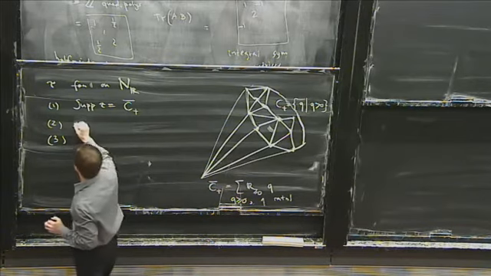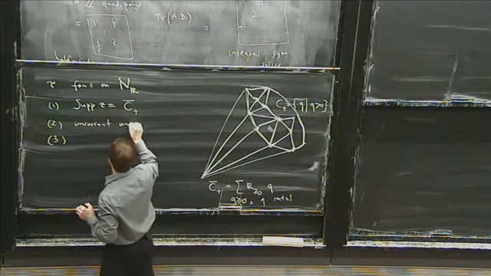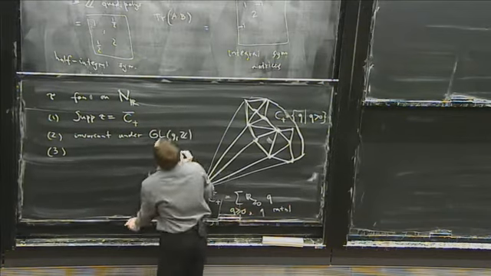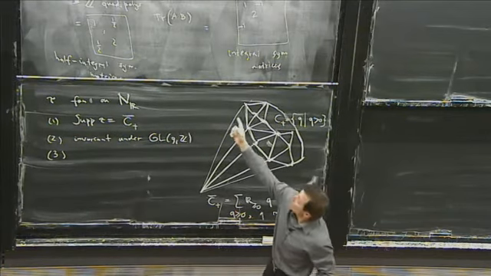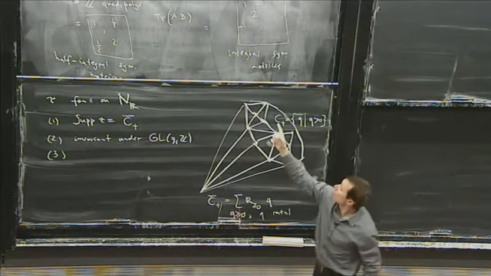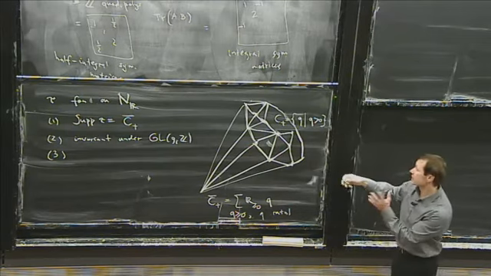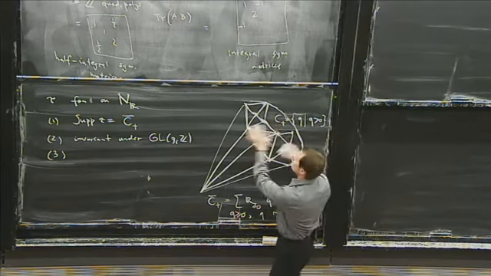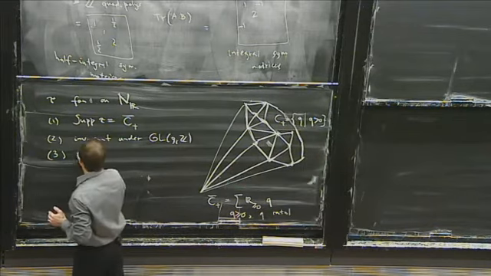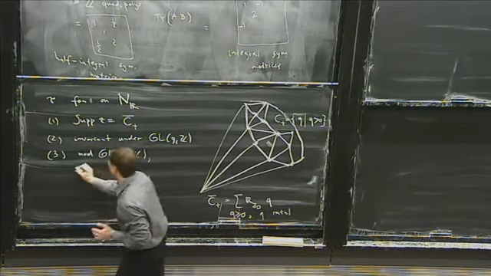And secondly, it has to be invariant under GL_g(Z). GL_g(Z) acts naturally on Lambda that we started with, and therefore it acts on everything else, on matrices. Under this action, these cones have to go to themselves. And mod GL_g(Z), there has to be only finitely many cones.